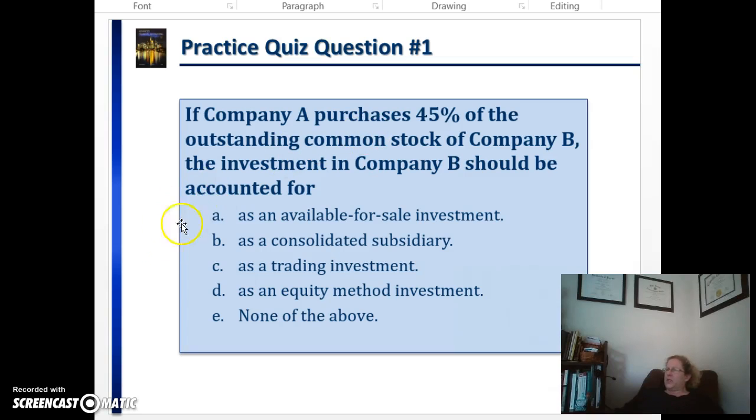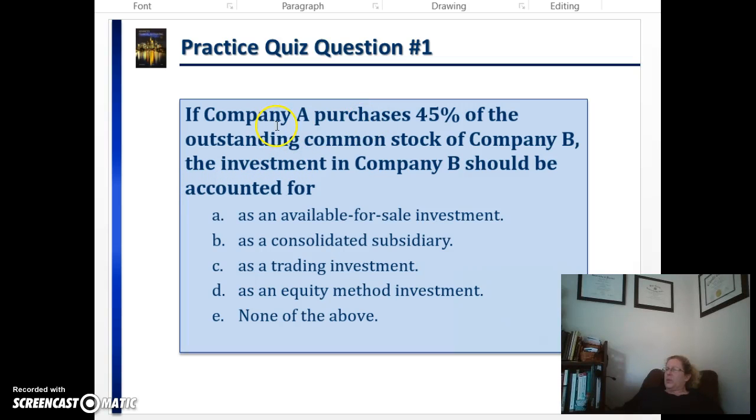But most of the time, for available for sale, they're not going to have such a large purchase. B, as a consolidated subsidiary: consolidation doesn't occur until 50% or more. C, as a trading investment: again, same reason as I wouldn't pick A. They bought a lot of it, and it doesn't say why they bought it.